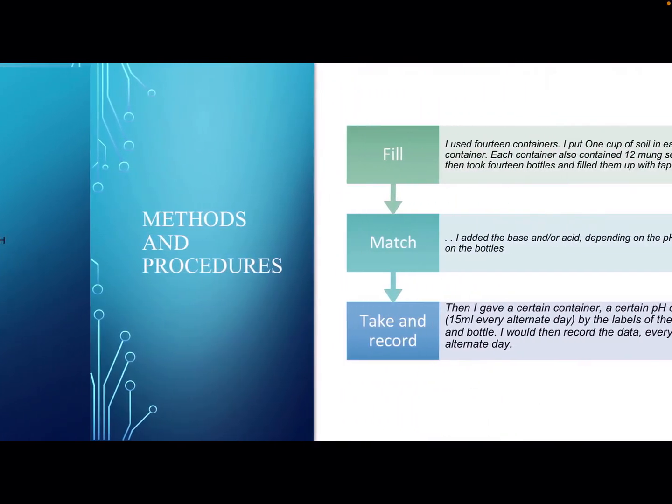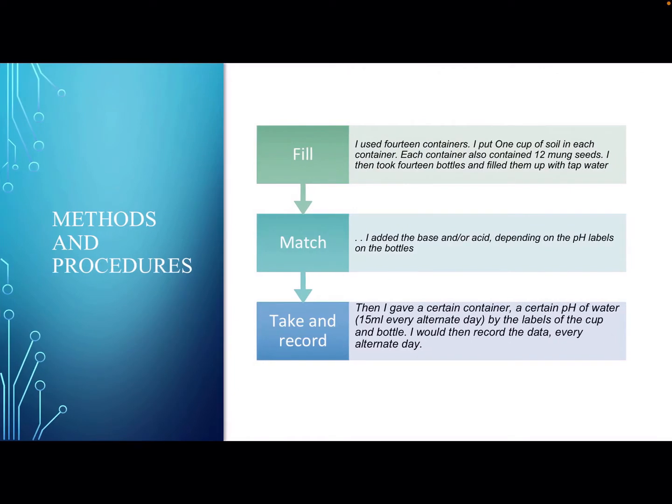So now I used 14 containers in which I put 1 cup of soil and 12 seeds in each. I then got 14 bottles and filled them up with tap water and put labels on them that will show what pH they will be altered to.